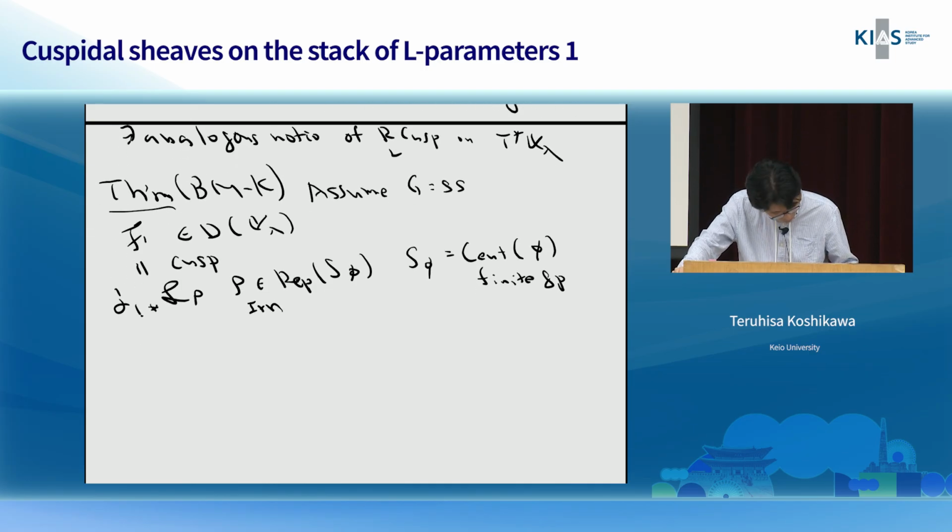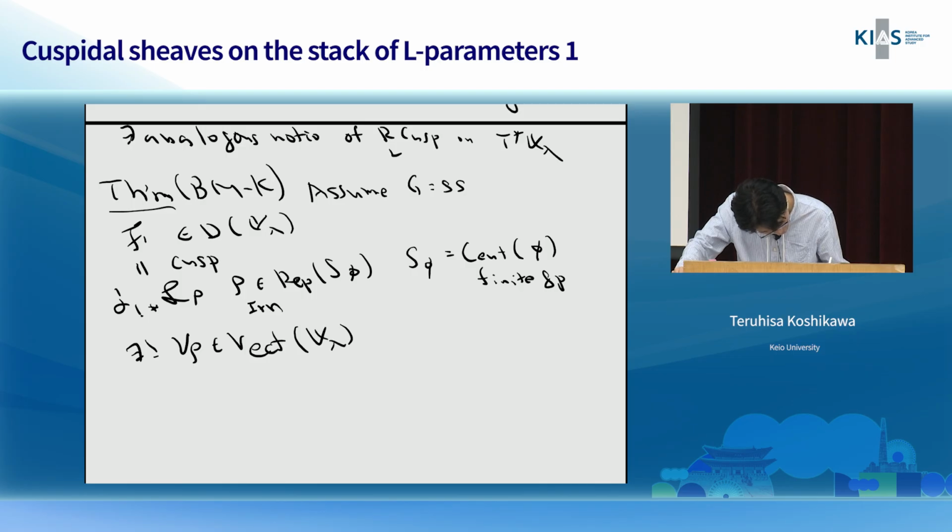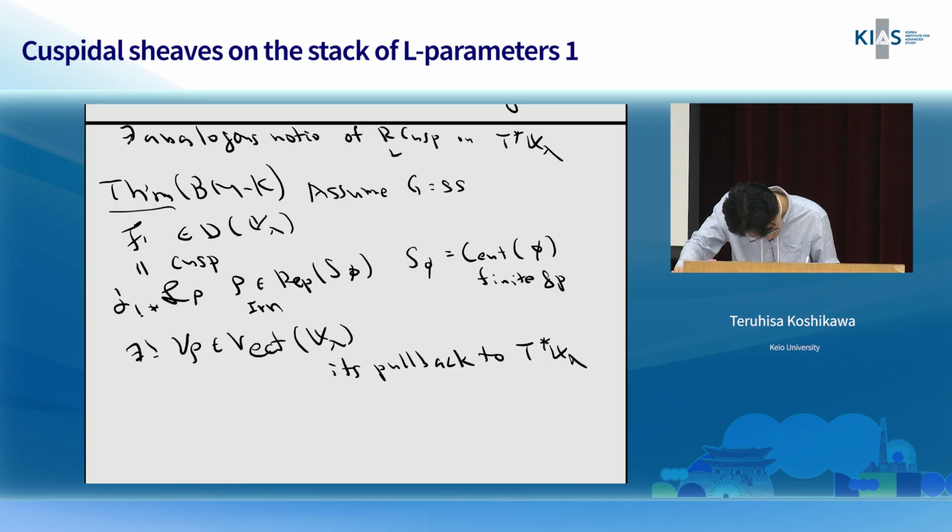And I'm looking at the simple ones, so rho is irreducible. And then there exists a unique vector bundle on the Bogan stack, and its pullback to the cotangent along the structure map is cuspidal.